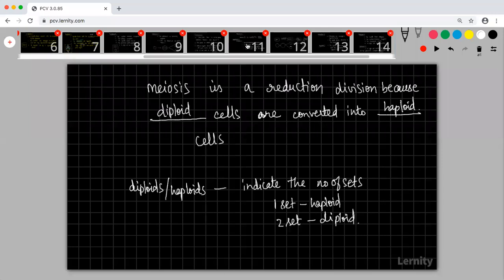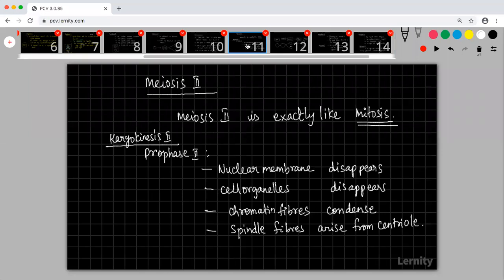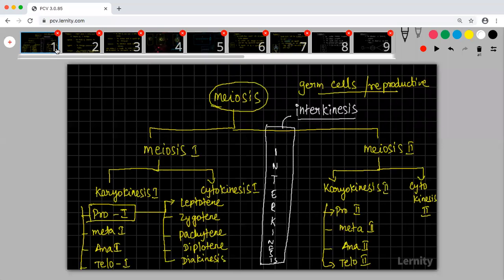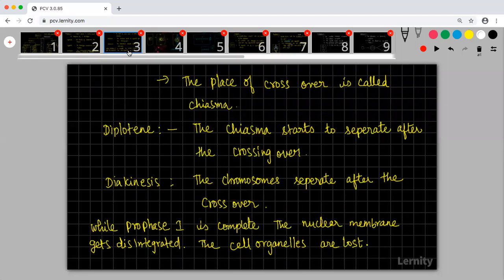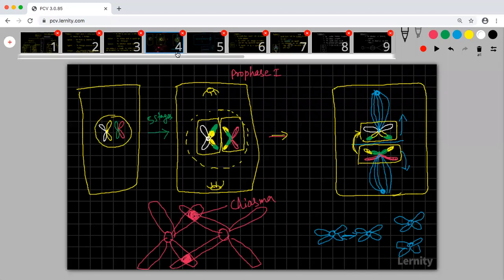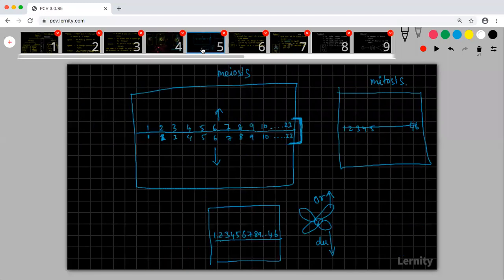Someone is asking for the 11th slide. Yeah, you can see the 11th slide. Show all the slides from first. Okay, I'll show all the slides. Please see. First slide. Second slide. Third slide. Fourth slide. Fifth slide.